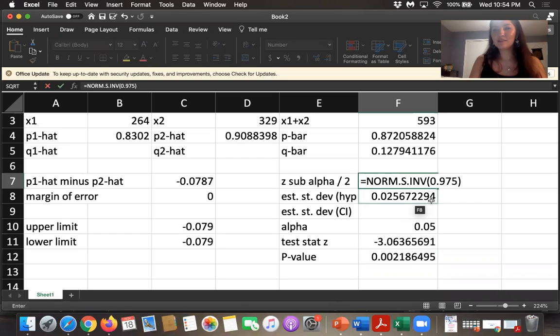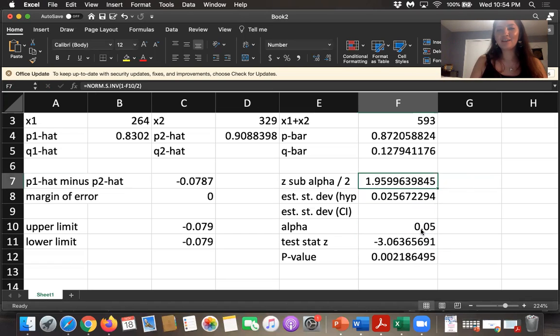So we want 0.975, or in terms of our alpha, because it was a two-tailed test, it's going to be 1 minus alpha divided by 2, because alpha over 2 is in that top right tail. And so we get that value, and the critical values are plus and minus that because we're talking about the left and right tail and their symmetry with our standard normal distribution.